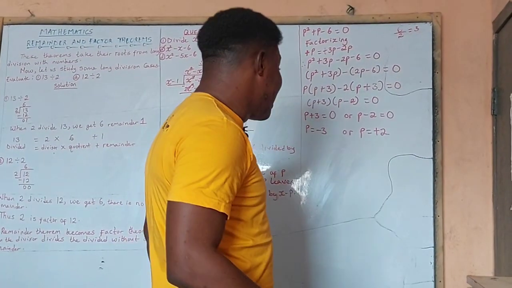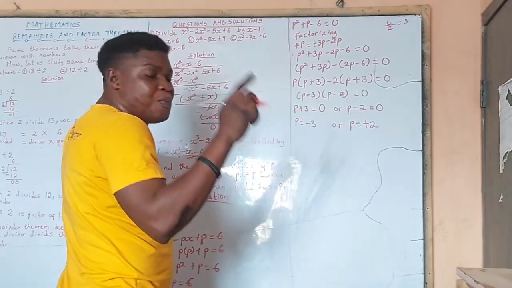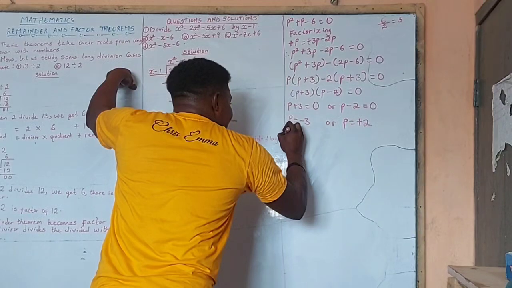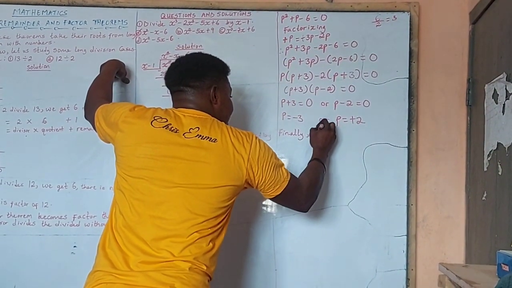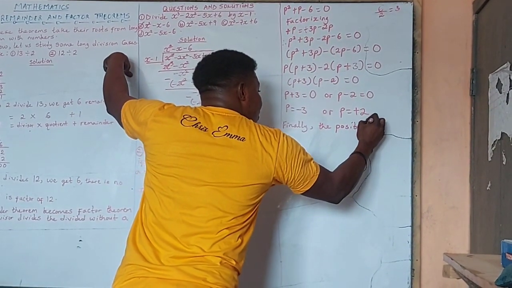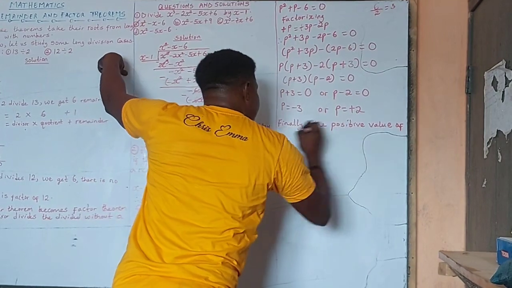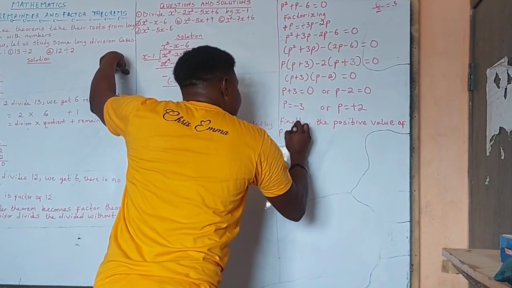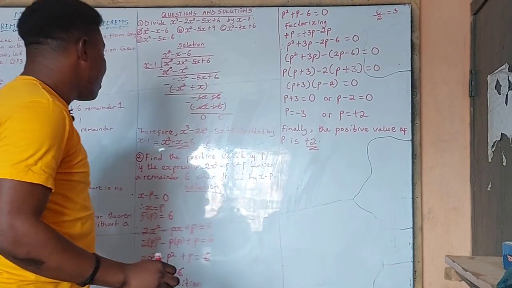But definitely, they said I should find the positive value of p. So you can tell them, finally, the positive value of p is plus 2. Final answer.